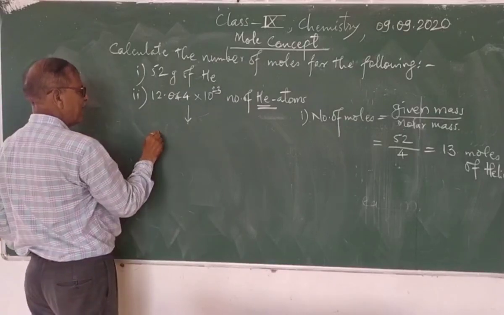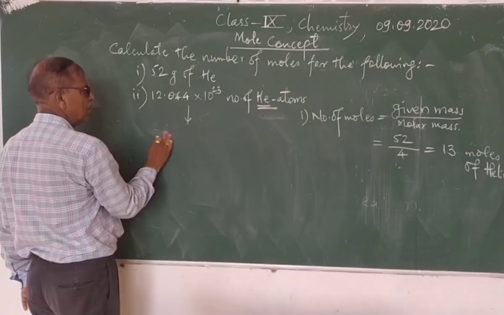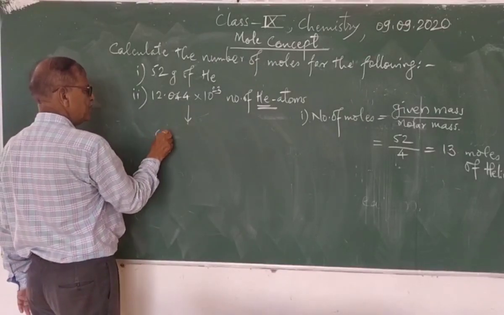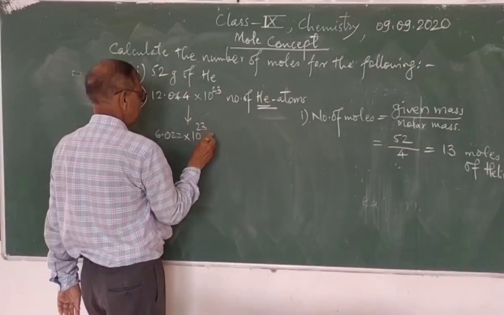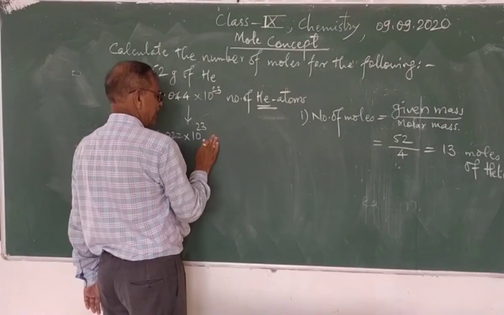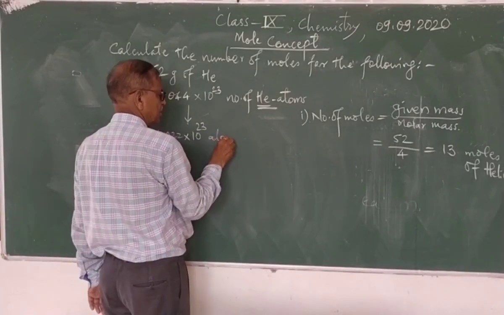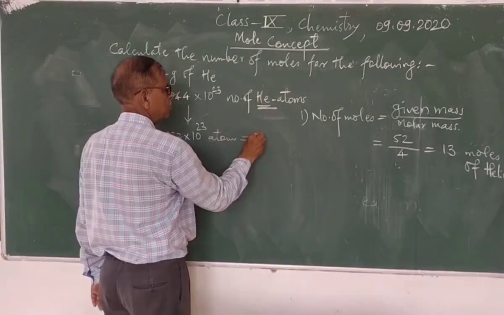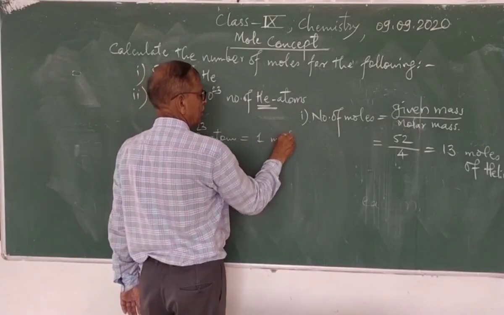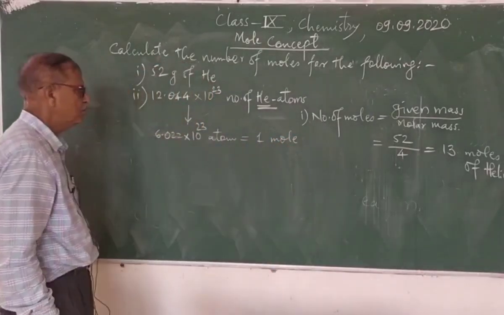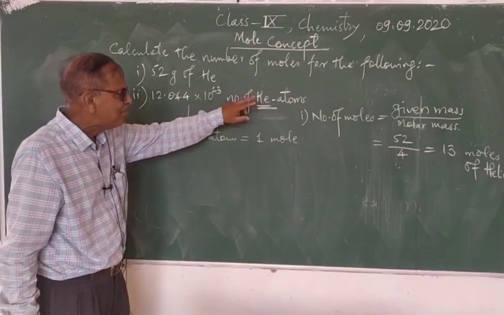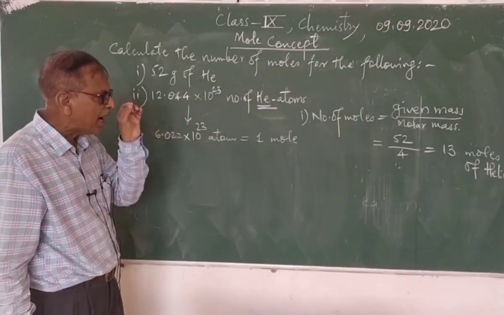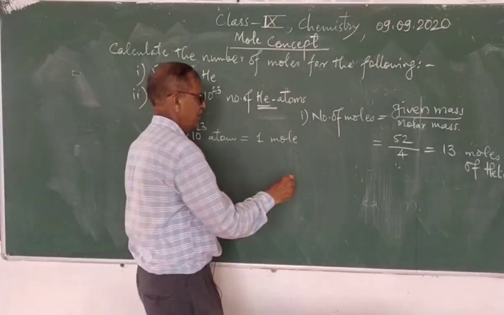In the second part, 6.022 into 10 raised to power 23 atoms is equal to 1 mole. Now see, helium is a monoatomic element.